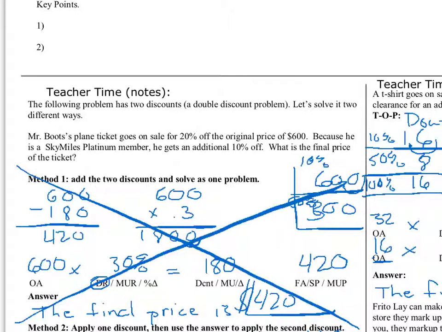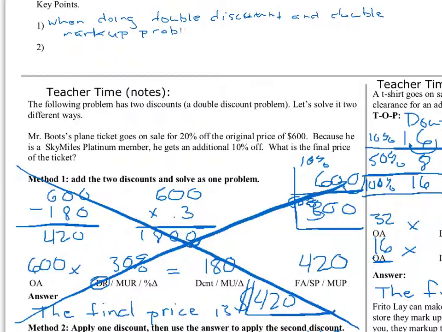The first one, she says, when doing double discount, double markup problems, she says you have to use method 2.